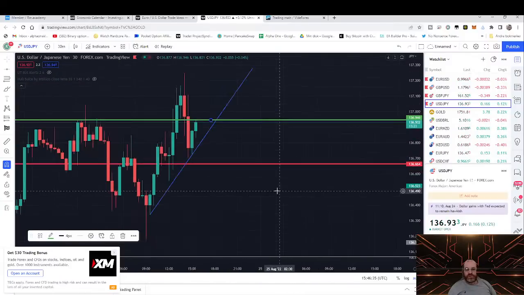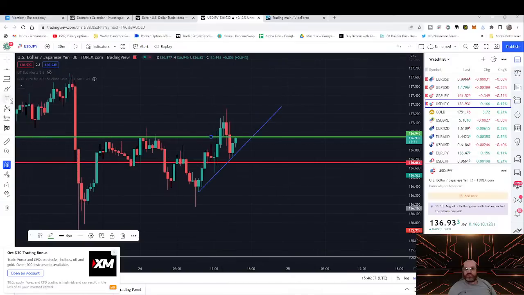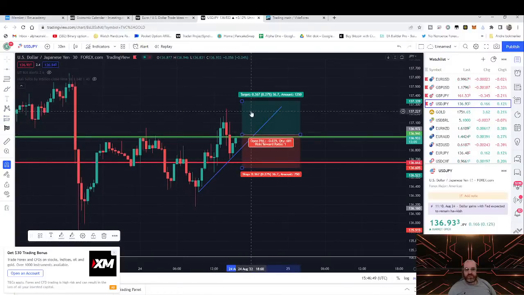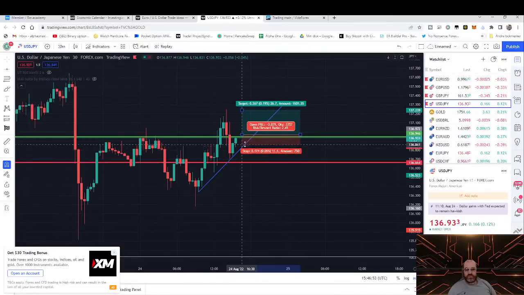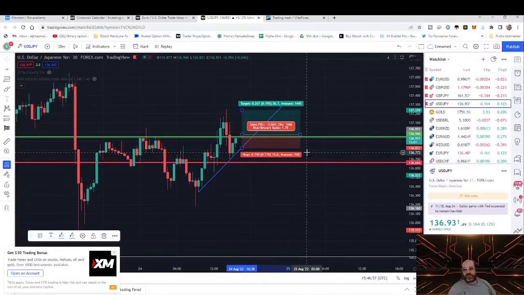So what I would be looking for now is if on the 30 minutes we can close above this green line you see here, then it would not be a crazy trade, but at least we can target something like this. Target the top here, something like this would be a trade.